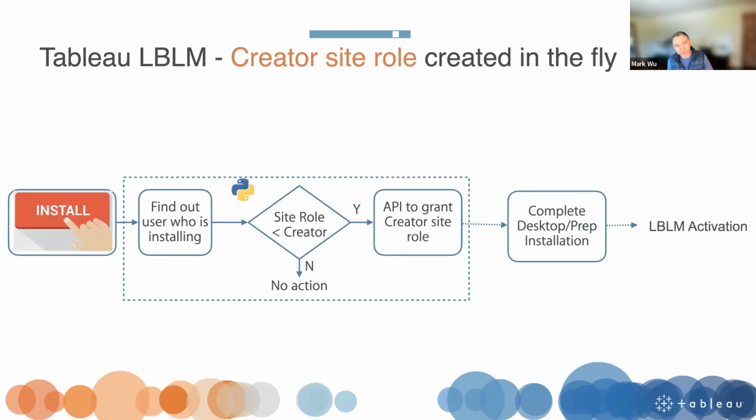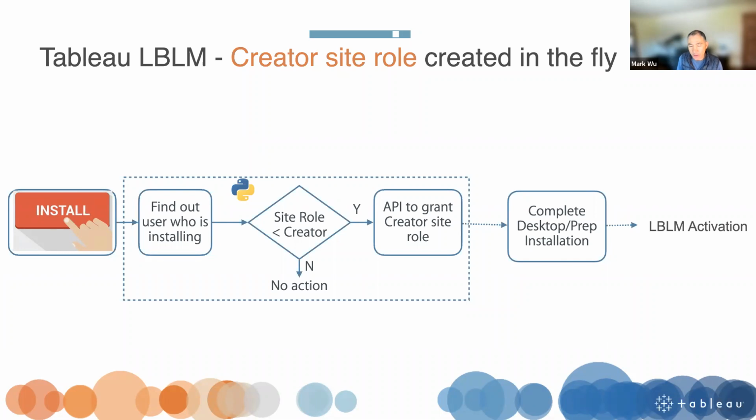During the installation, I have a Python script. First, it identifies who this user is. Then I go to my server and query through the Python REST API. I can query this user's site role on the server.